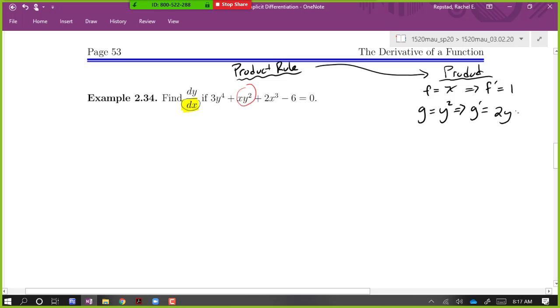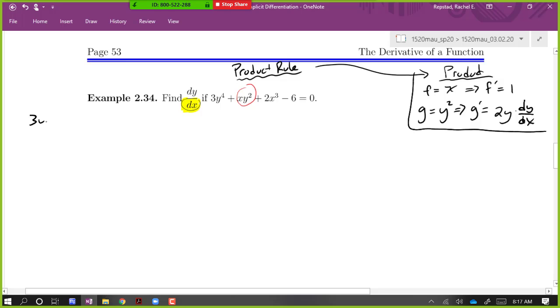So the chain rule says, what do we multiply by? By dy dx. So we've got our product rule set up here. We've got the pieces we need. When we get to that term, that's where we're going to use it.